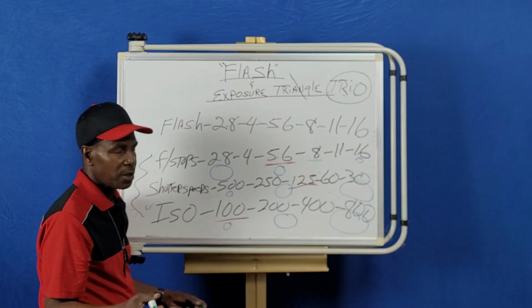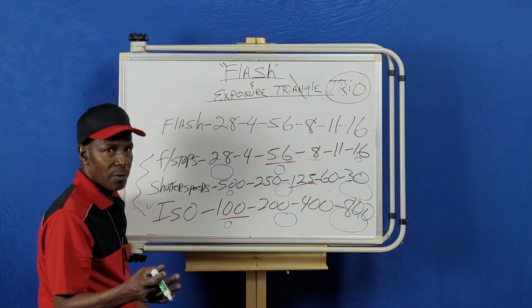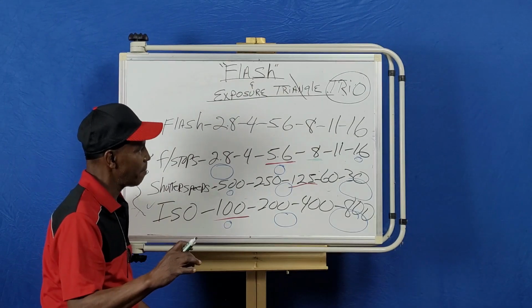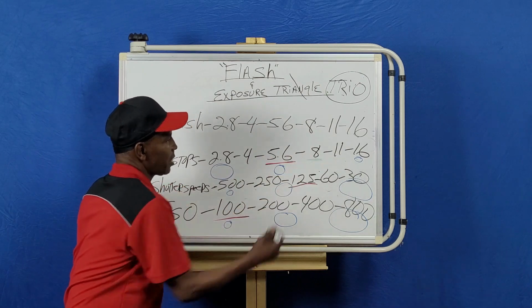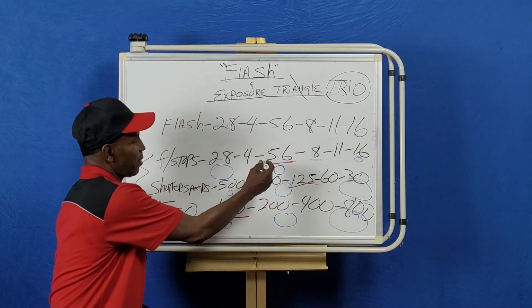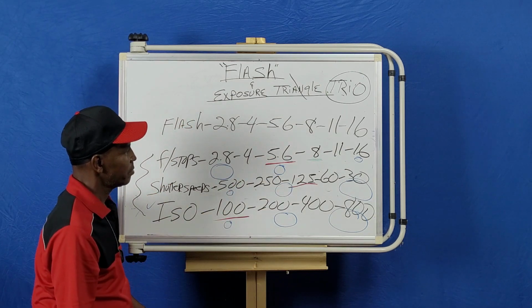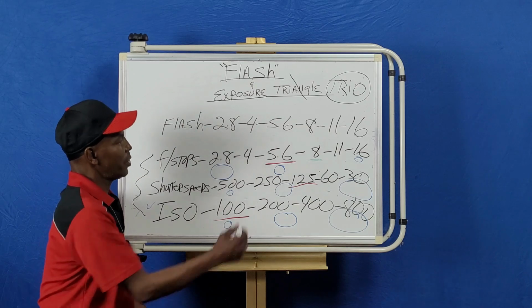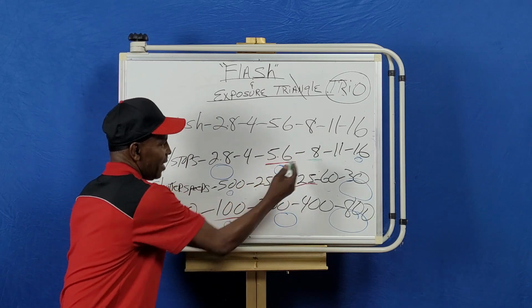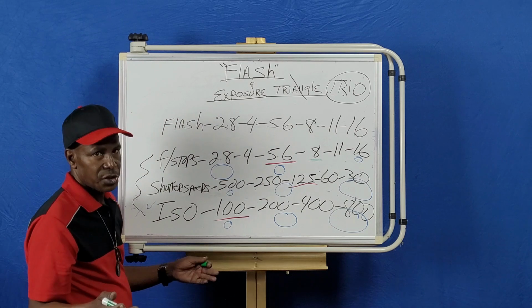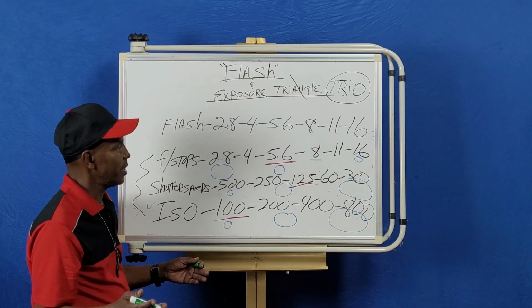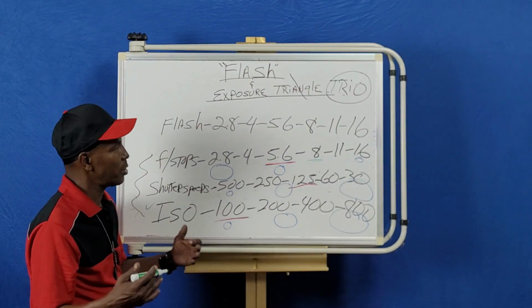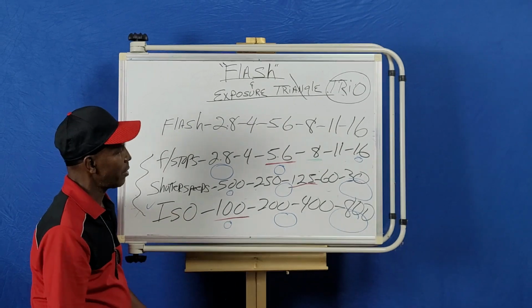That's one of those terms, close down. Close down means you let in less light, but now your depth of field is going to be sharper because that's the only thing going to change. So when you went from f5.6 to f8, you've just changed the depth of field. It's going to be a little more sharper, a little more crisper, foreground, middle ground, and background.